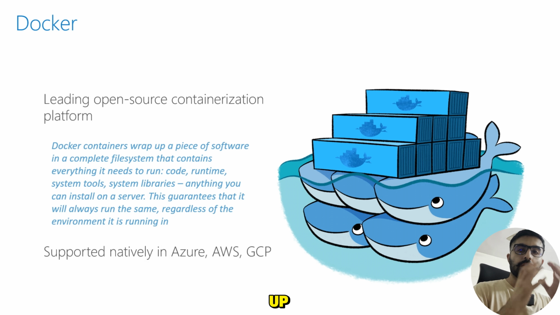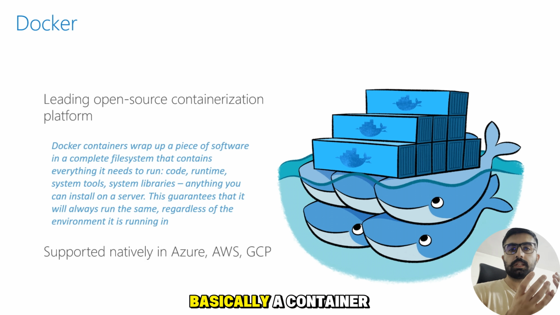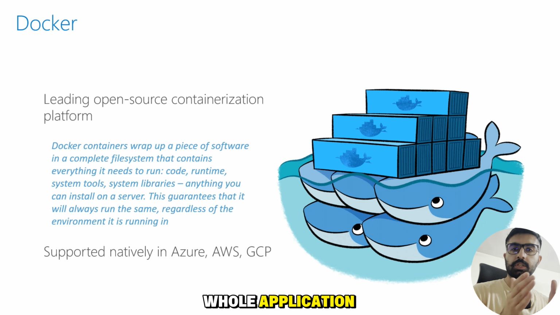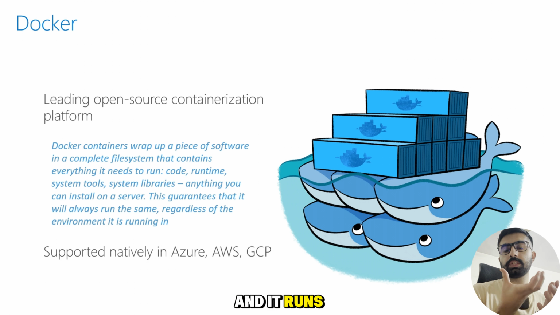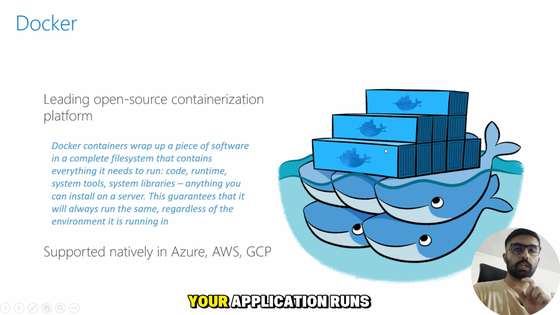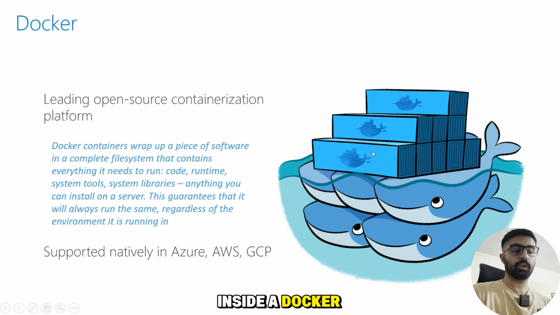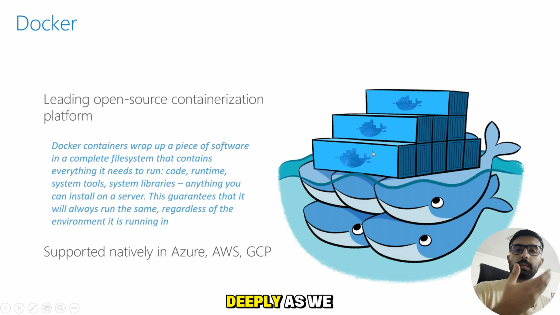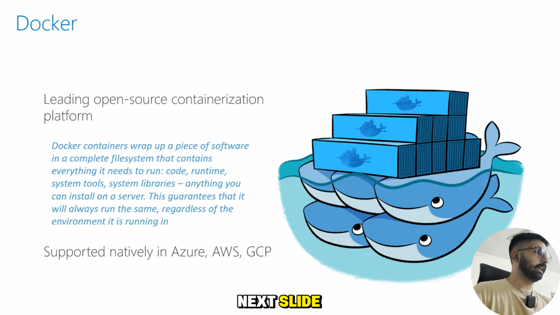To sum up, a Docker container is a container in which your whole application, your code, dependencies, and everything gets wrapped up and runs inside it. As you can see, it's in the shape of a container, and your application runs inside a Docker container. We will understand this deeply as we go to the next slide.